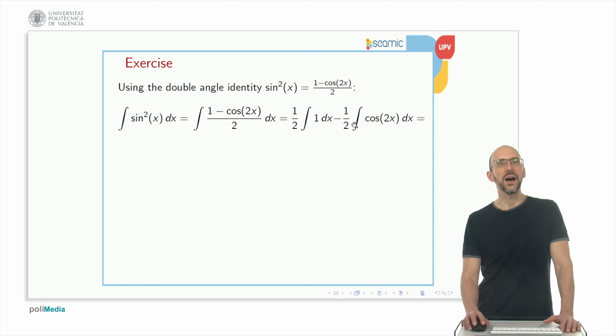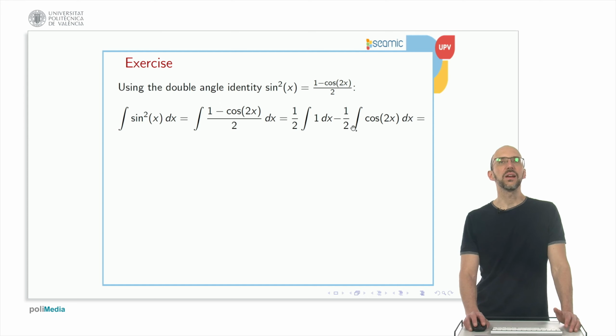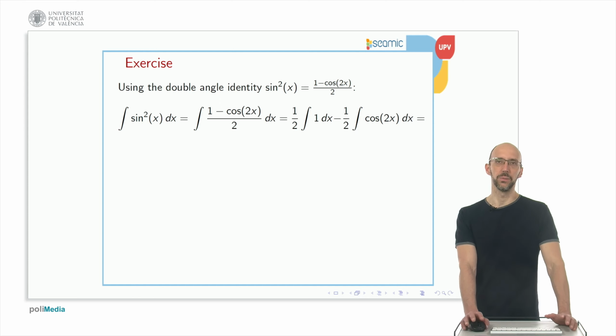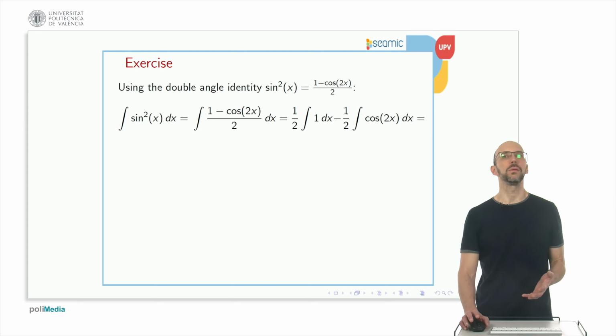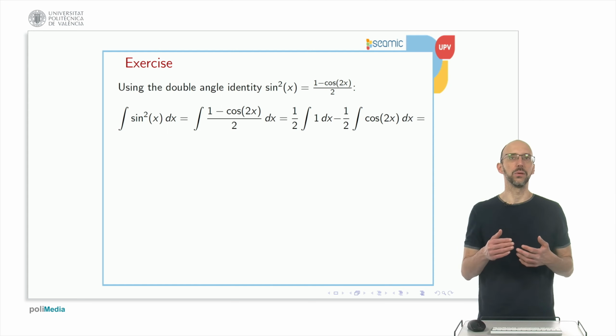So once you have it apart, then we can integrate. The integral of 1 is x, so piece of cake. The integral of cosine of 2x is a little bit more complicated. Why is it complicated? Because the derivative of 2x is not outside, it's not here, where I have the pointer. What can we do? If the only problem is a constant, I can put the constant in and compensate outside.